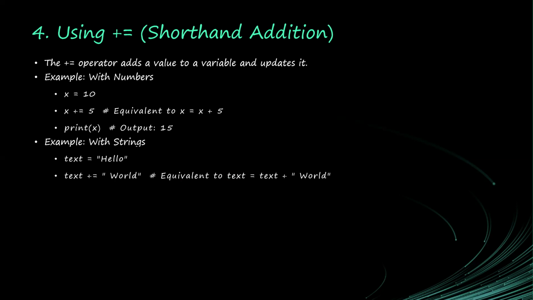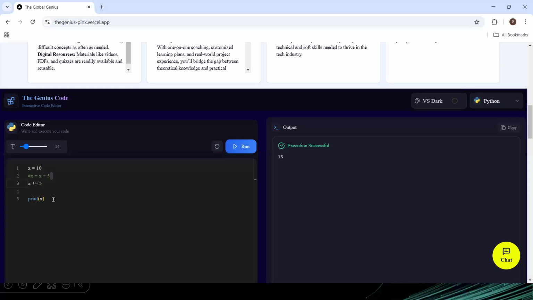All right, so we can also do shorthand with strings. It's the same thing, plus equal to. Instead of saying it's equivalent, I could just say x equal to John, and I can now say x plus equal to Doe.